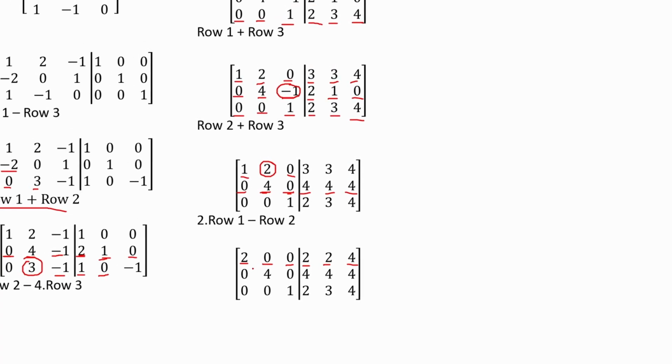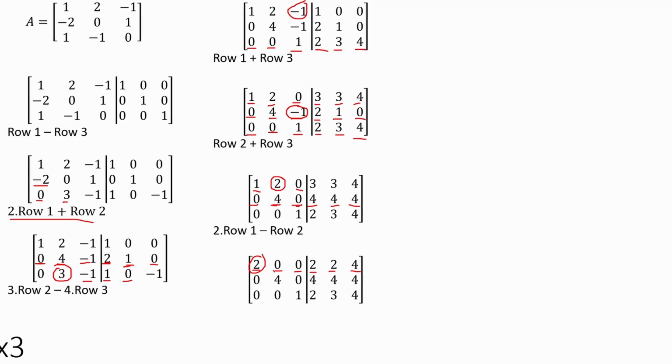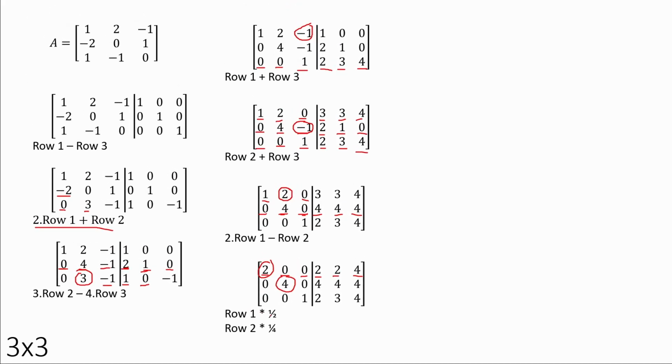And then next, to make it quick, I will make this one into 1, this into 1 as well. Row 1 times a half, and row 2 times a quarter. So it will be 2 times half is 1, and then 1 and 1 and 2.